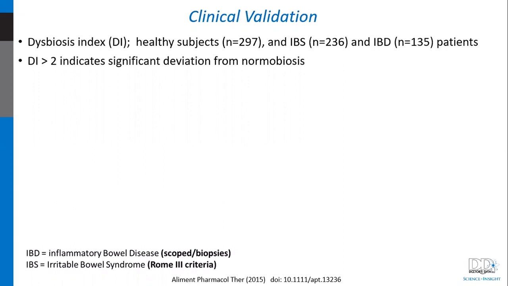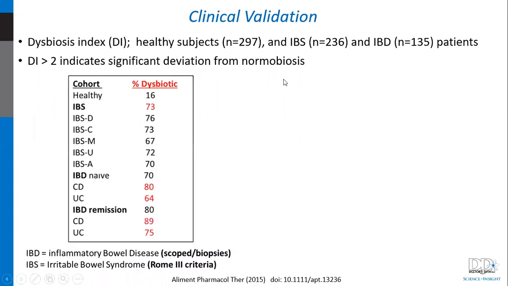So let's look at the results. If we look at the percentage of the different cohorts that were dysbiotic by the dysbiosis index score, we can see that across the various groups of IBS and IBD, greater than 70% of the cohorts were classified as dysbiotic.